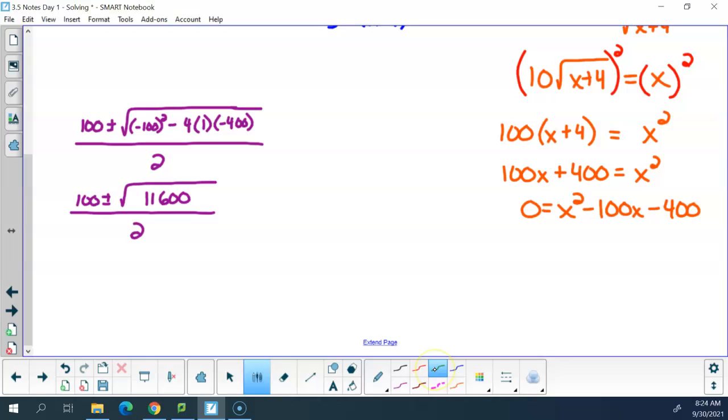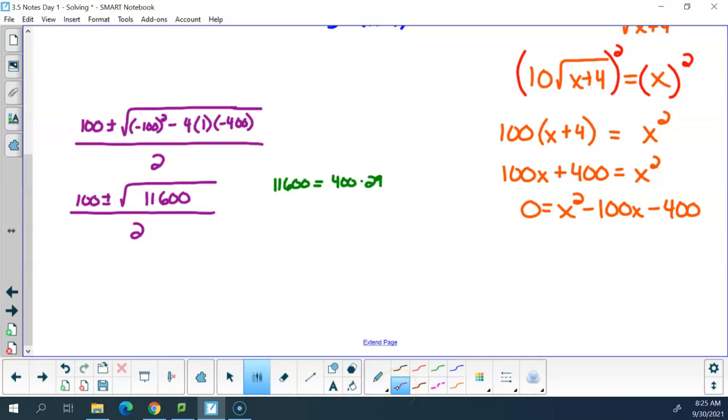Just as a side note, 11,600 is 400 times 29. Why is that important? Did you say, yep, square root of 400?